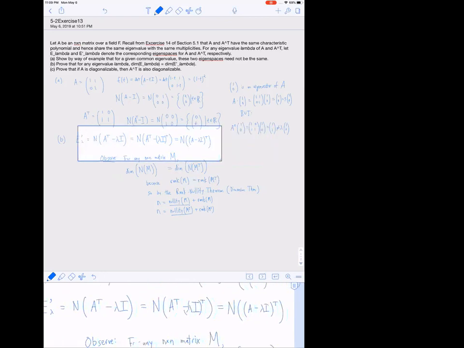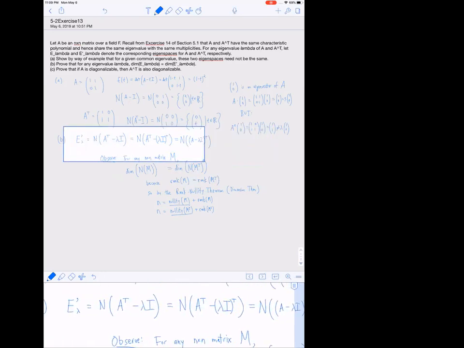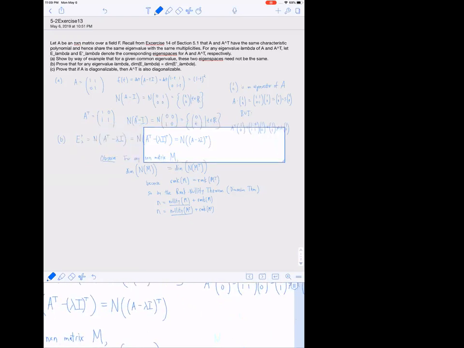Now, we've related the eigenspace E prime lambda to the null space of A minus lambda I's transpose.